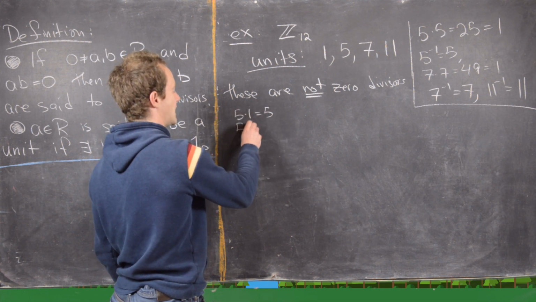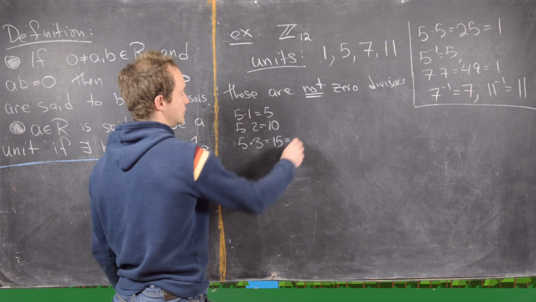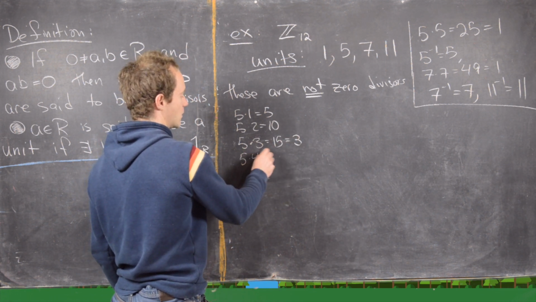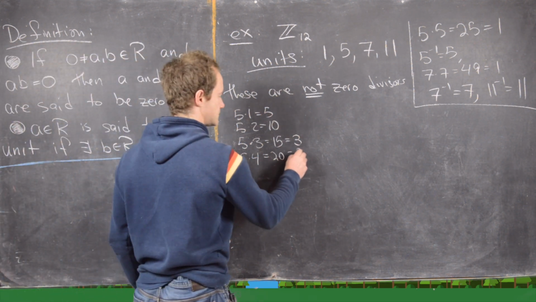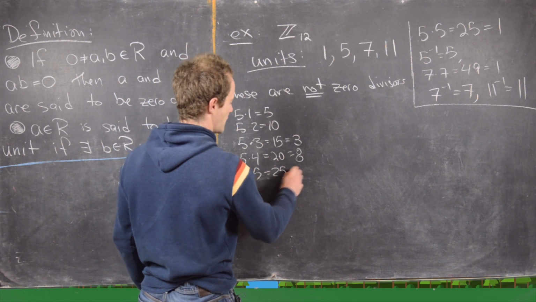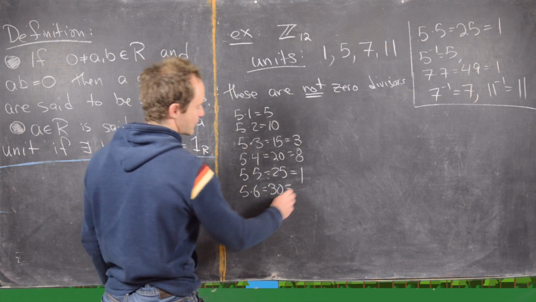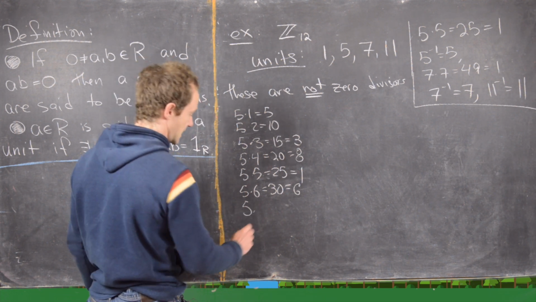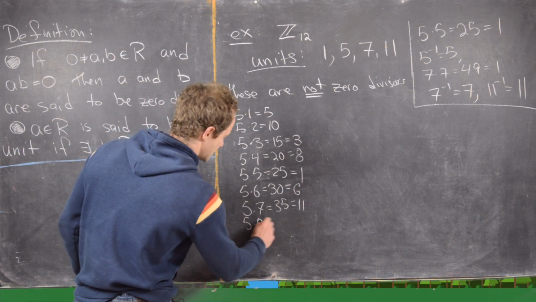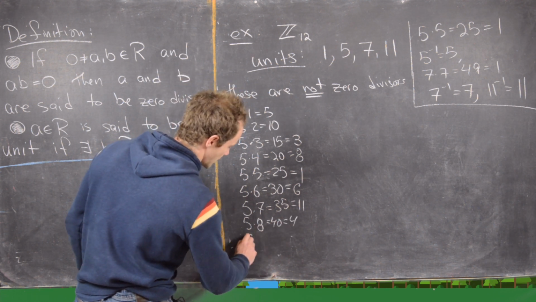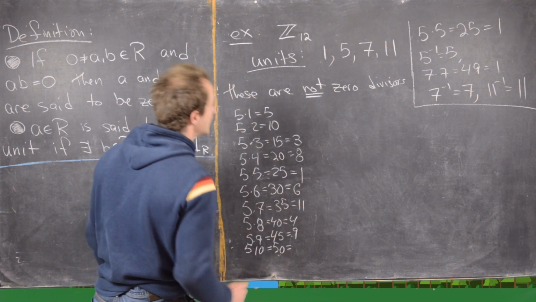I'm not going to do that in its entirety, but notice if we do 5 times 1, we get 5, 5 times 2, we get 10, 5 times 3 is equal to 15, which is equal to 3, 5 times 4 is equal to 20, which is equal to 8. 5 times 5 is 25, which we already said was 1 in Z12. 5 times 6 is 30, which is equal to 6. 5 times 7 is equal to 35, which is equal to 11. 5 times 8 is equal to 40, which is the same thing as 4. 5 times 9 is 45, which is the same thing as 9. 5 times 10 is 50, which is the same thing as 2.